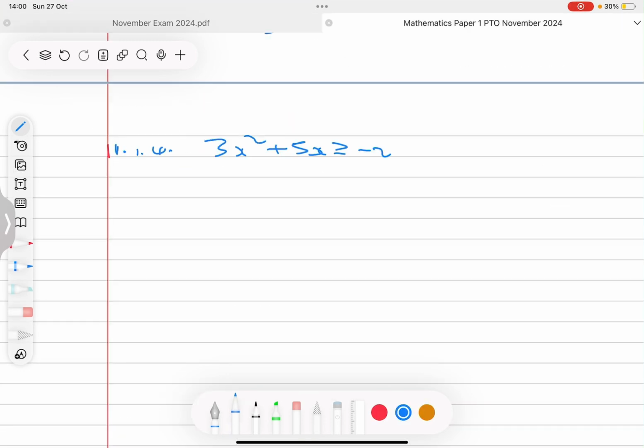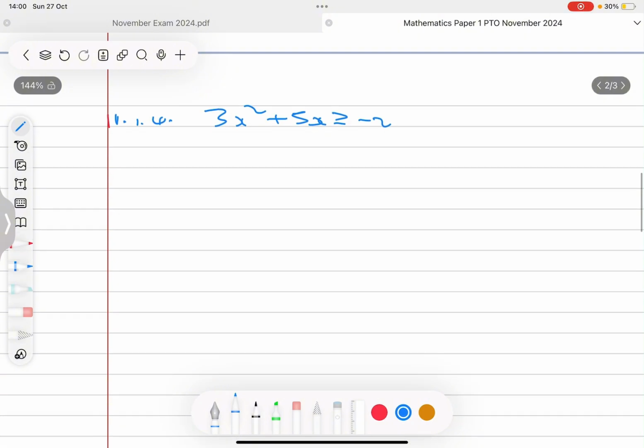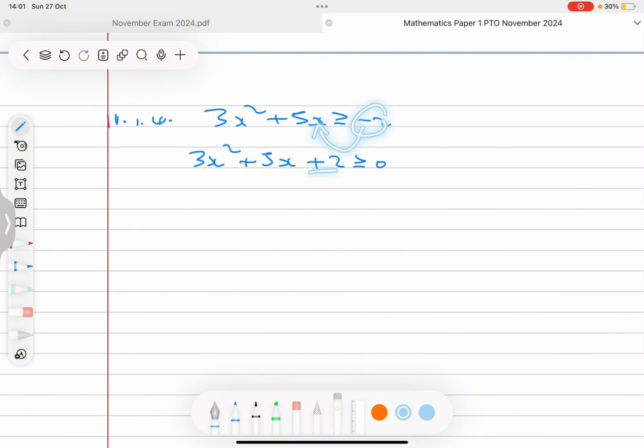Yes. Now the first thing to do in this question is that you also write it in standard form, right? So we take this -2, bring it to this side, so that we have 3x squared plus 5x plus 2 is greater than or equal to 0. Now remember, this -2 when it comes over is going to be a positive.